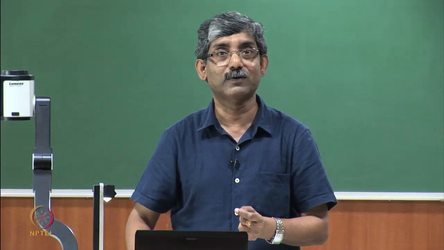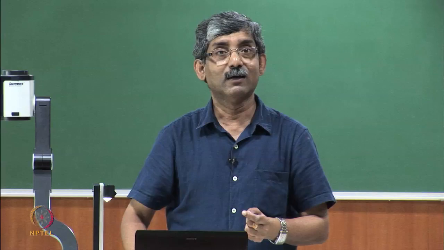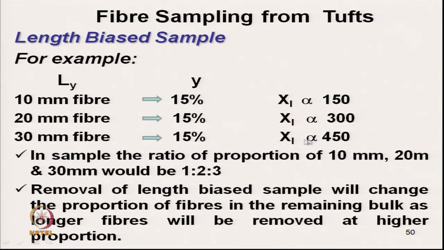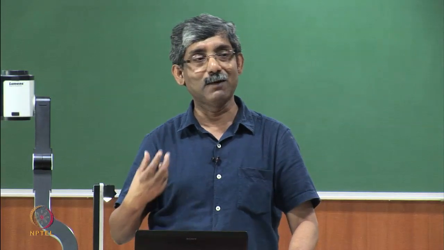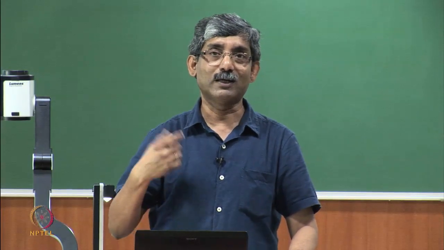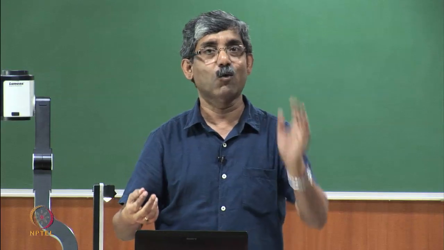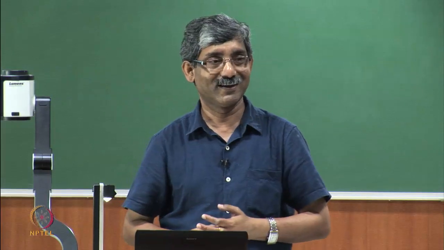Similarly, for 20 millimeter fiber the proportion is 300, and for 30 millimeter fiber the proportion is 450. So, the actual proportion in the sample of 10 millimeter to 20 millimeter to 30 millimeter fiber is 1:2:3.